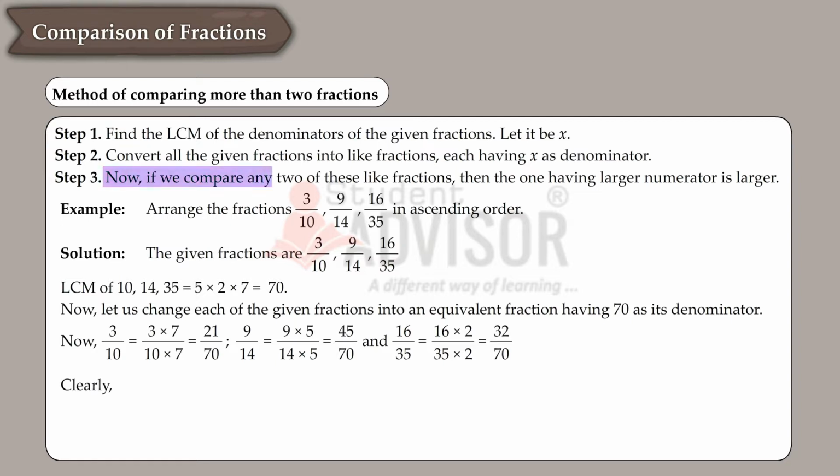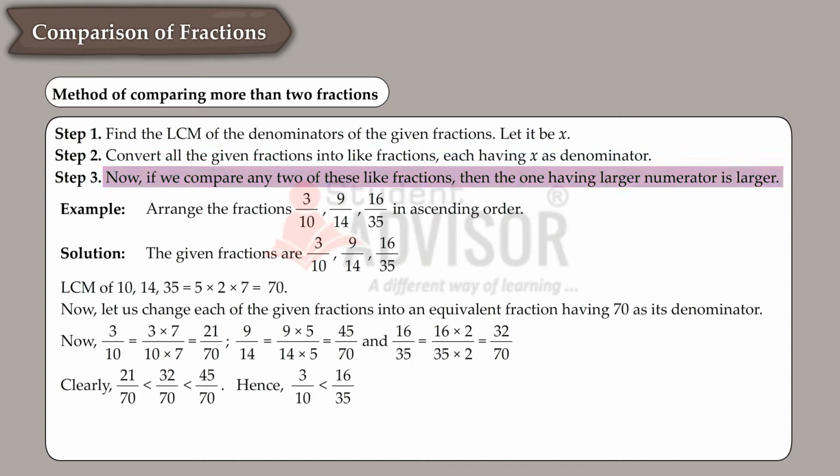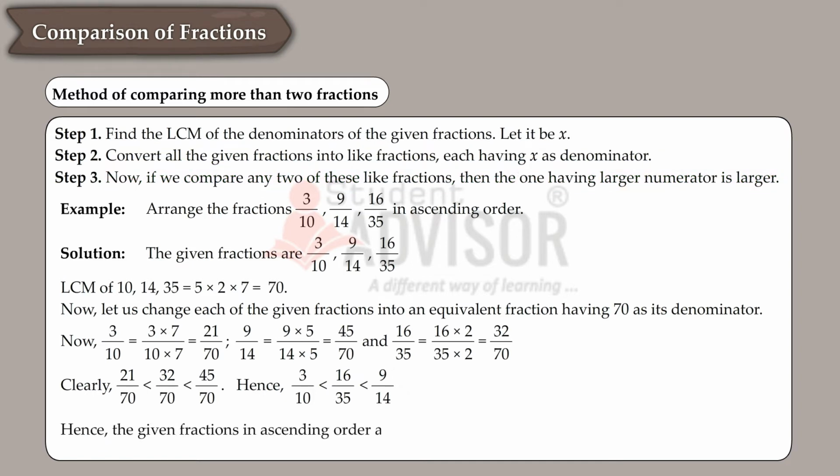Clearly, 21 by 70 is less than 32 by 70 is less than 45 by 70. Hence, 3 by 10 is less than 16 by 35 is less than 9 by 14. Hence, the given fractions in ascending order are 3 by 10, 16 by 35, 9 by 14.